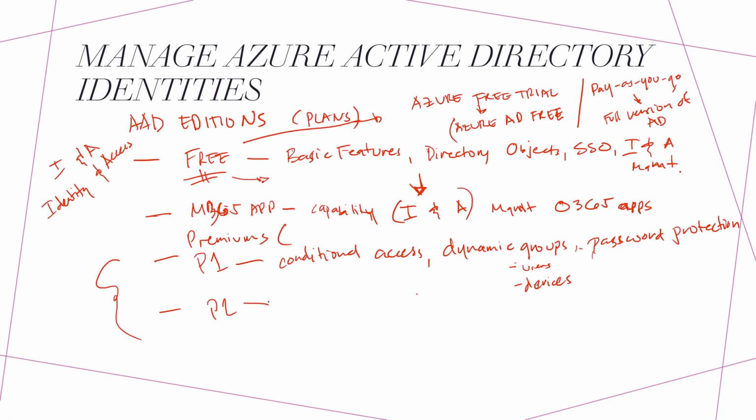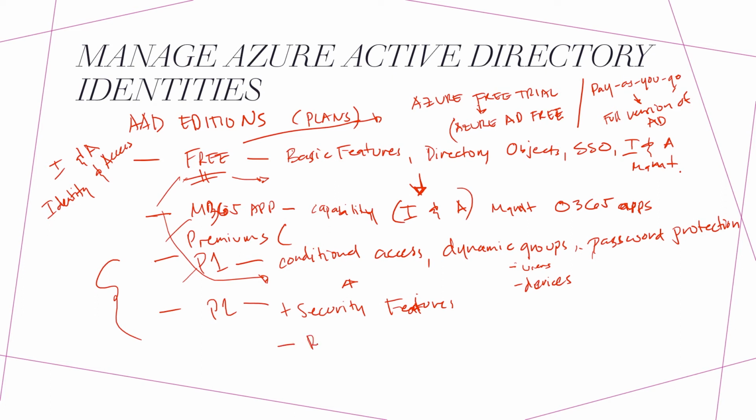And on P2, that's everything that P1 has and free M365. So in P2, that's all of it plus more security features. There's not much difference. It's just that P2 allows you to use Azure AD's security features.